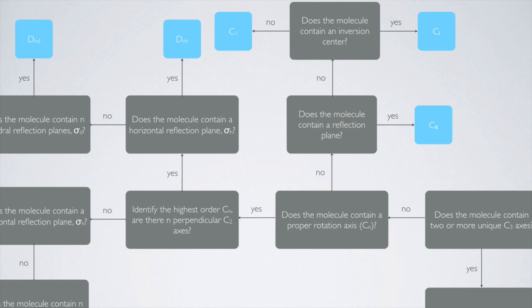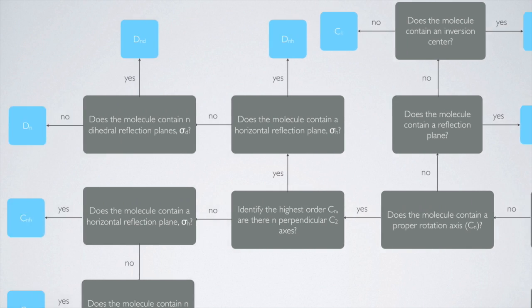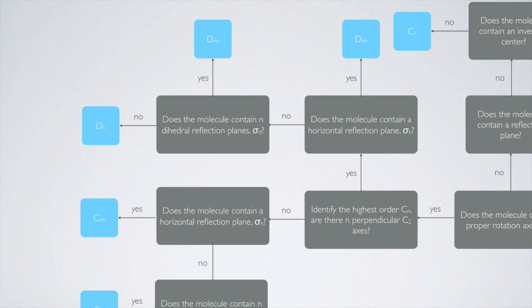Does the molecule contain a proper rotation axis? Yes, it does. You have one pointing down the middle of the molecule. So we need to identify the order of rotation there, and the order is going to be 4 in that case.